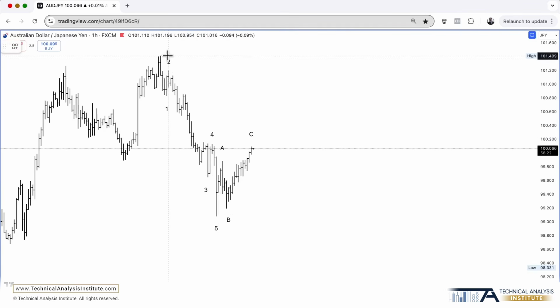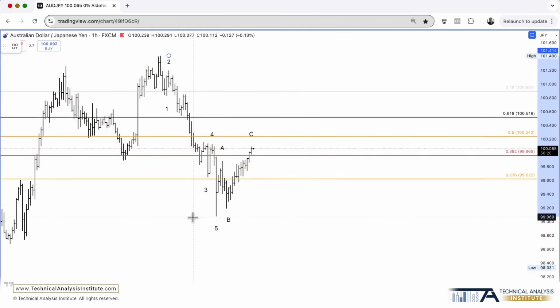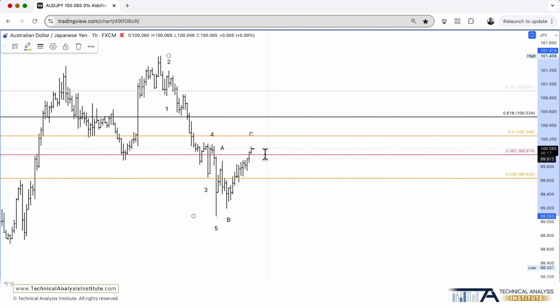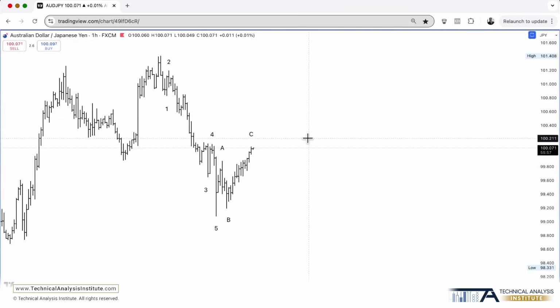So we use the Fibonacci tool again, and then we look for a Fibonacci level between the 50 and the 62%. Those are ideal levels to aim at, where to start putting our short positions or short orders, because that would identify the trend resumption once the ABC is complete.